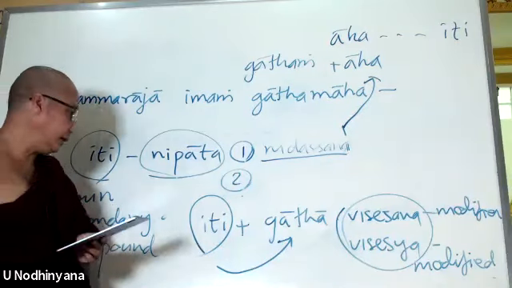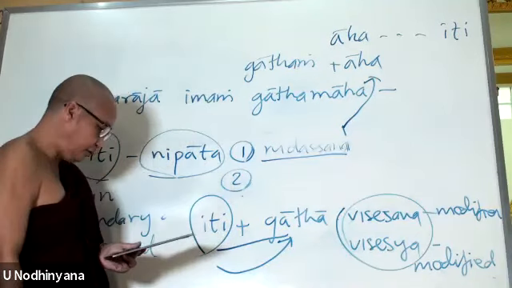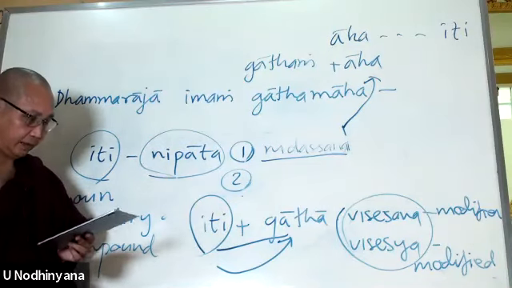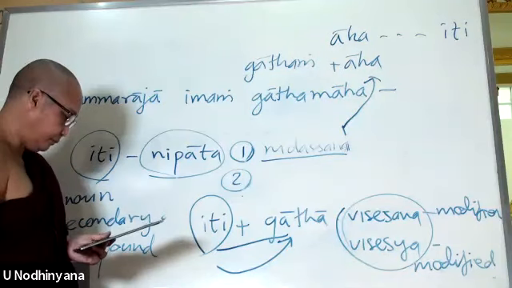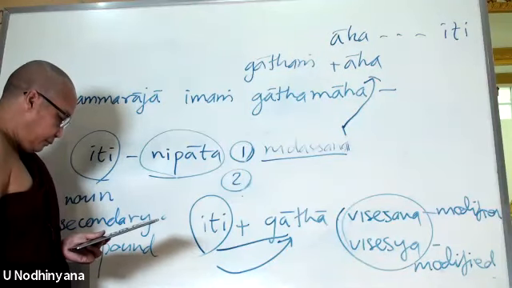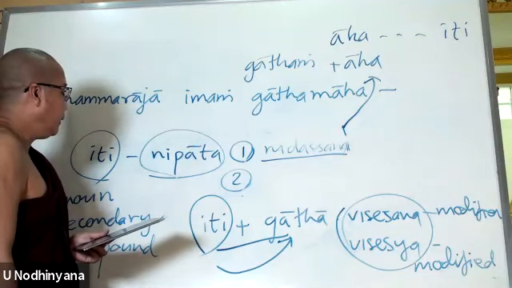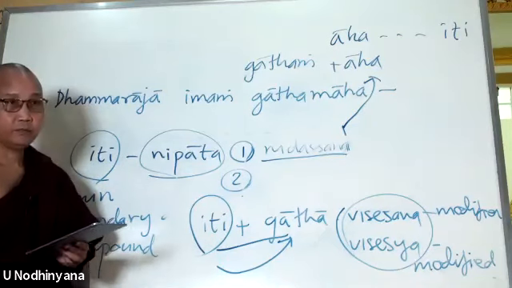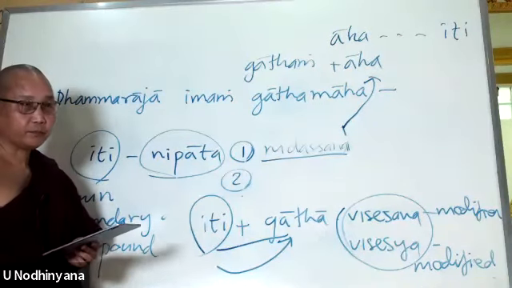Iti and Gatha are connected to each other: Iti Gatham Aha. According to Pali grammar, after the Nipada there is also elision of the case endings.